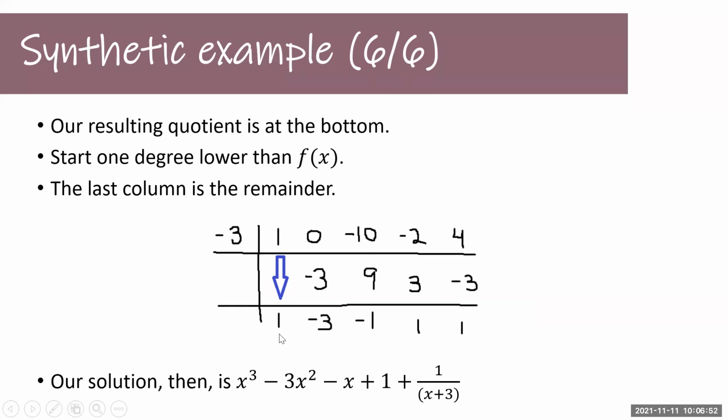So we have 1x to the third, negative 3x squared, negative 1x plus 1. And remember this last one is our remainder. So it is simply 1 over x minus a. Remainder is 1, x minus a is x plus 3. So if we divide our original f of x by x plus 3, this is what we get.